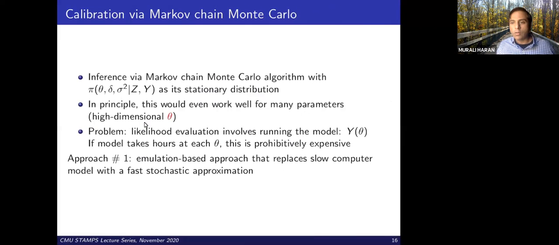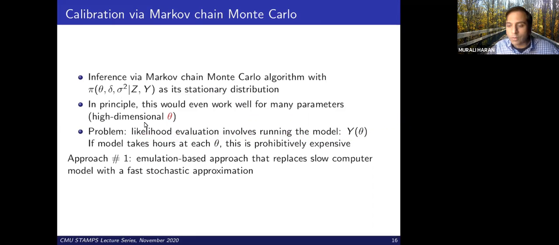So if you wanted to do this in a standard way, you might just say, well, this is a posterior distribution, and you can just use a Markov chain Monte Carlo algorithm that has this posterior distribution as a stationary distribution. And this MCMC would work well even if your parameters are fairly high dimensional. So this is not a difficult problem, except that this likelihood evaluation involves running the model, right?